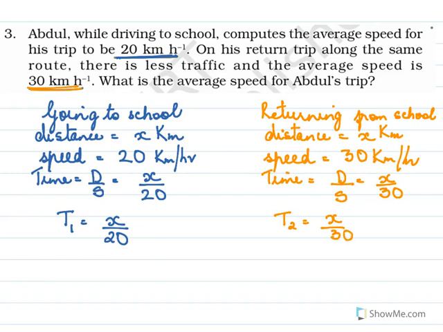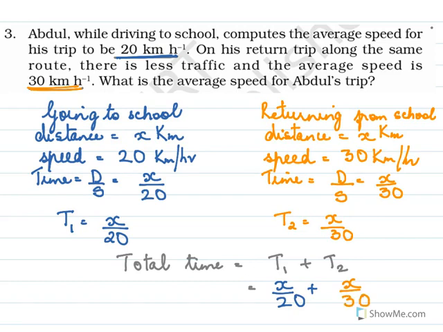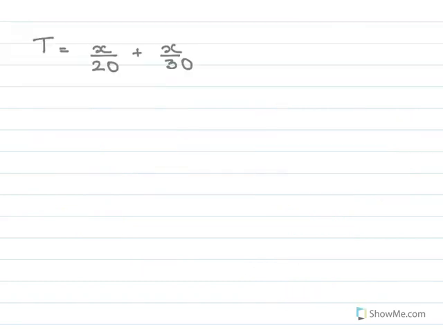Now we need to find total time. So total time is equal to t1 to go to school plus t2 to return from school. So that would be x over 20 plus x over 30. So this was the total time.